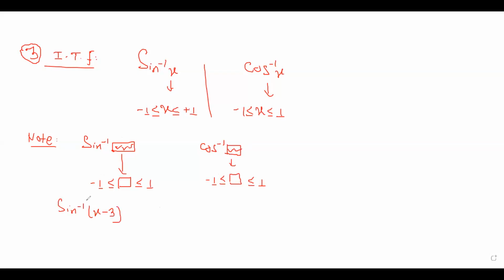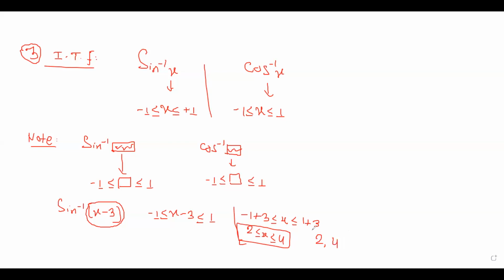No, x minus 3 will lie from minus 1 to 1. So when you find the value of x, it will be minus 1 plus 3 less than or equal to x less than or equal to 1 plus 3, which means 2 to 4. So its domain is 2 to 4, for the question sine inverse of x minus 3.